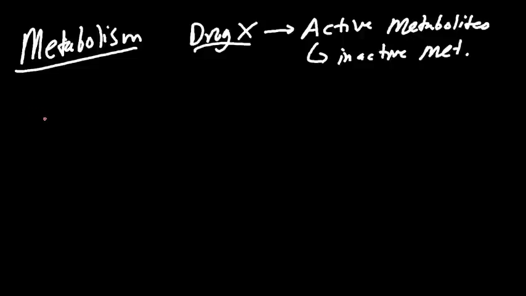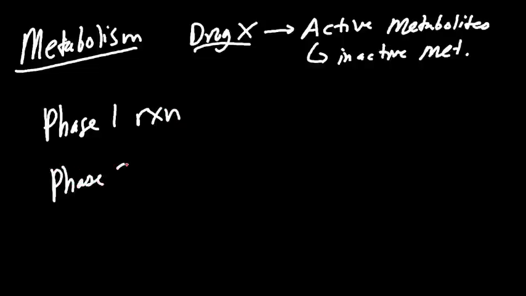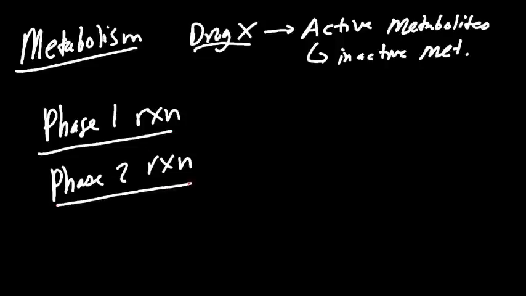Well, there's things called reactions, and there's 2 different types. There's going to be phase 1 reactions. There's going to be phase 2 reactions. Now, we're transforming this drug, this molecule, into its metabolites through these reactions, phase 1 and phase 2.